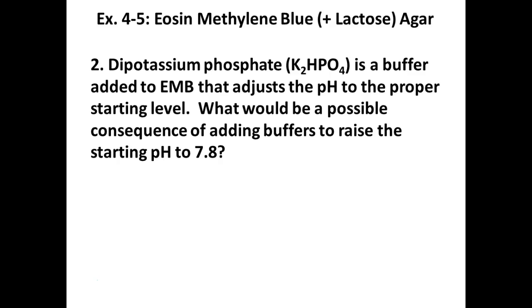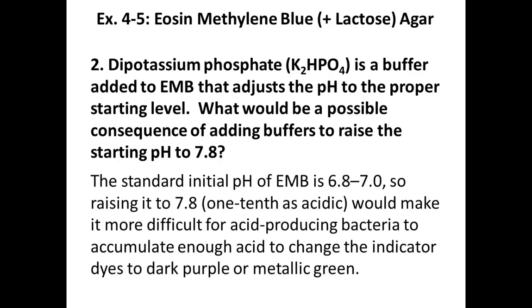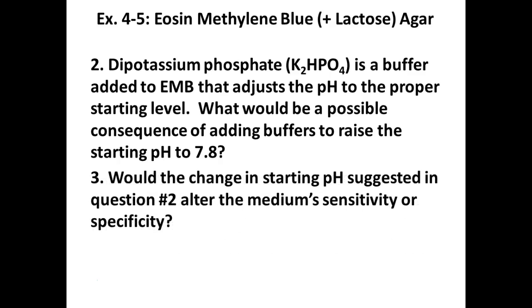That means that they have to produce more acid, right, to get color changes. So this would potentially affect our results, right? We would need a lot more acid produced to get that darker color so we could get some inaccurate results. So pH is important, especially when you're doing a pH-related test.